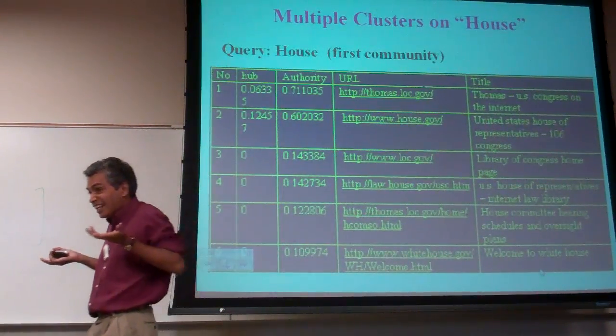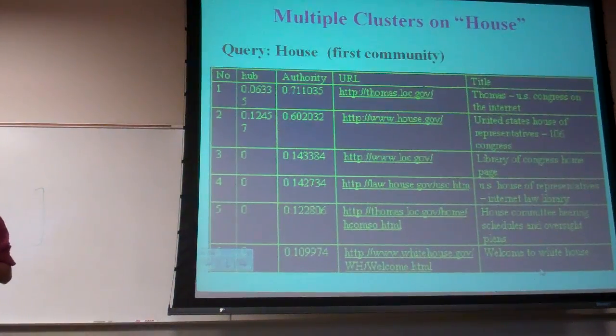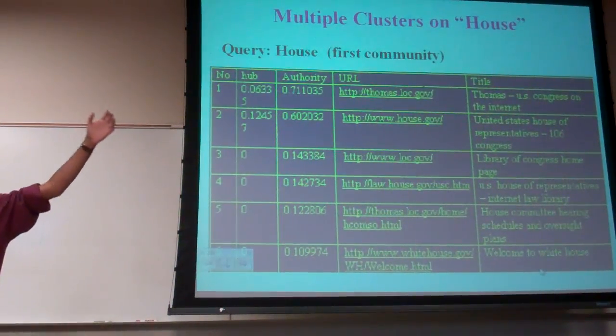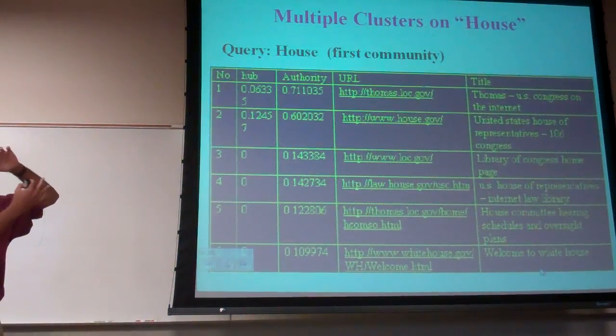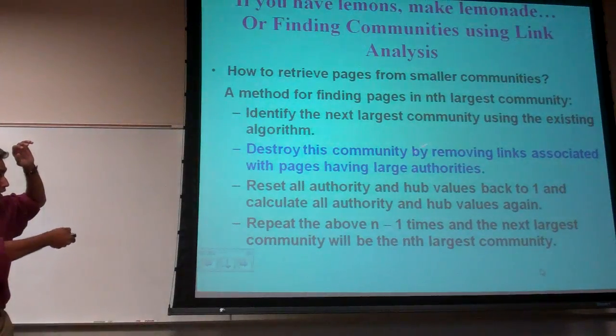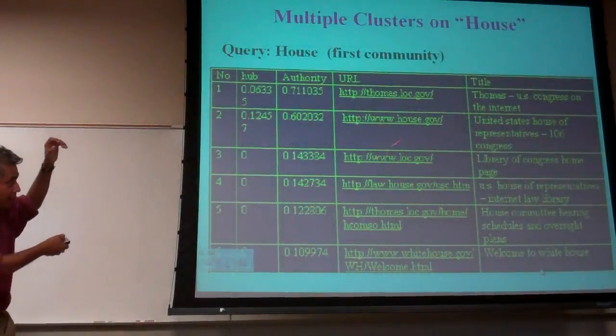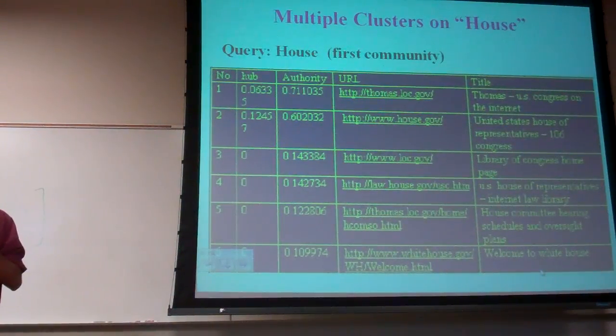So the idea was that if you don't have anything else to do, you basically run authorities and hubs. When you did "house", you got a whole bunch of results. Let's say you took the top 200 or something, and some of which are about the US House of Representatives, some about buying houses, some about House the show.